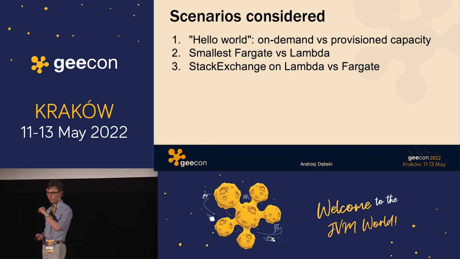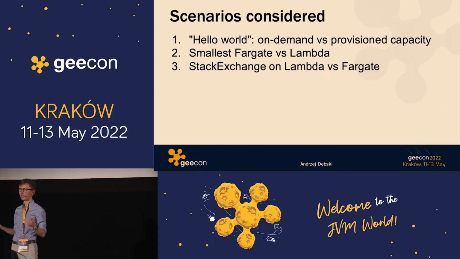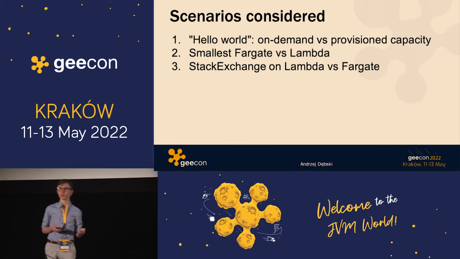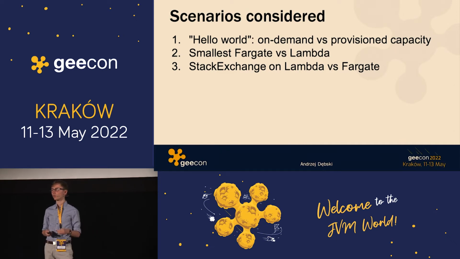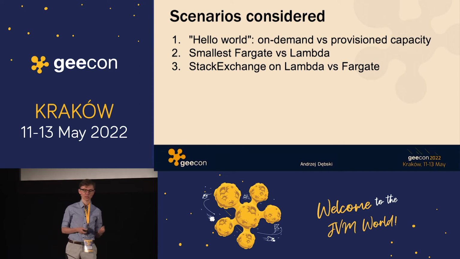Again, this is going to give you some idea how much Fargate costs versus Lambda in the simplest case. And the last scenario is going to be a real live use case. I'm going to do some back-of-the-envelope calculations of how much it would cost to host the backend for Stack Exchange sites on Lambda or on Fargate.